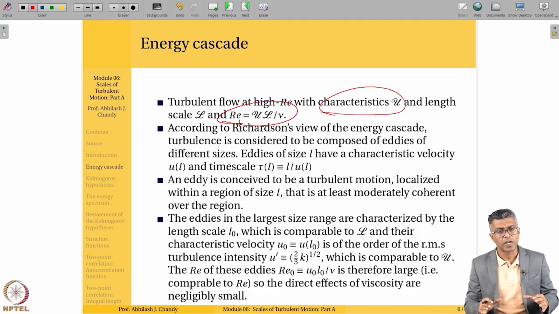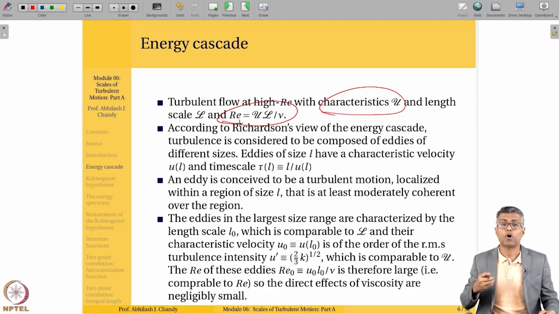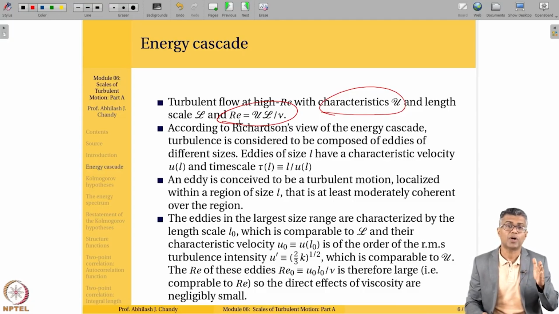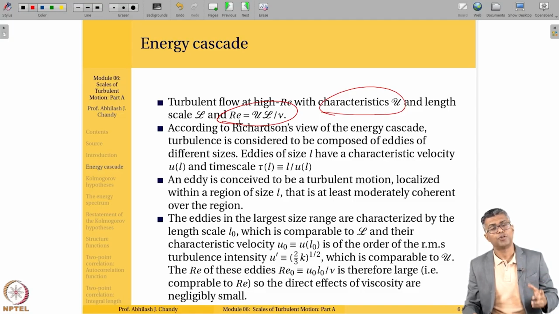So all of this is a characteristic of the flow, meaning you have this information even before you have started the flow, correct? Because you know what the diameter of the nozzle is, so that determines your L. You know what condition you're going to feed in the velocity into the nozzle.